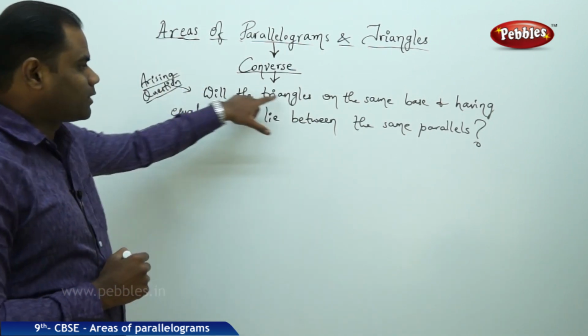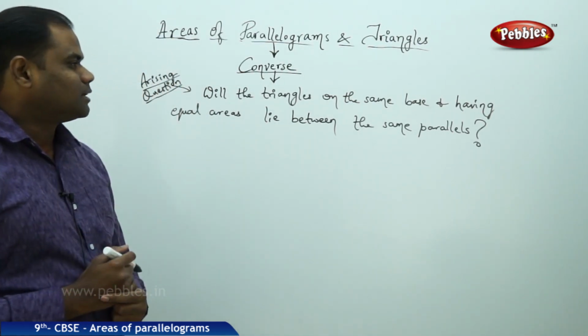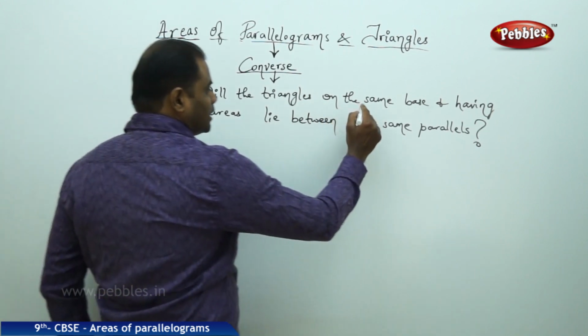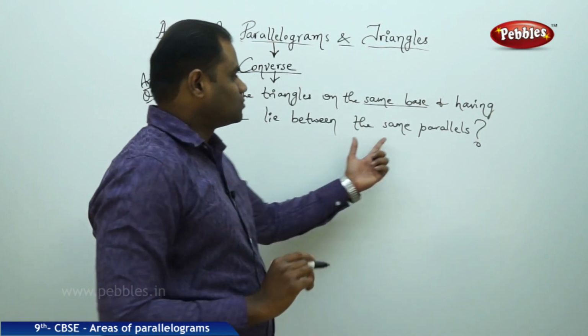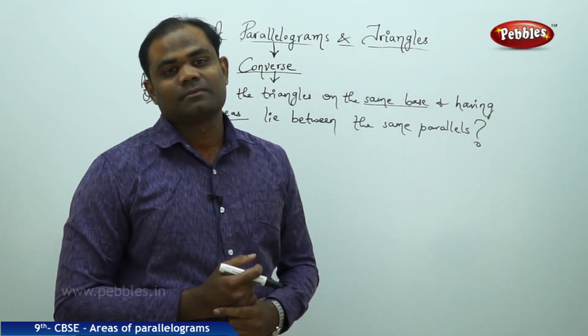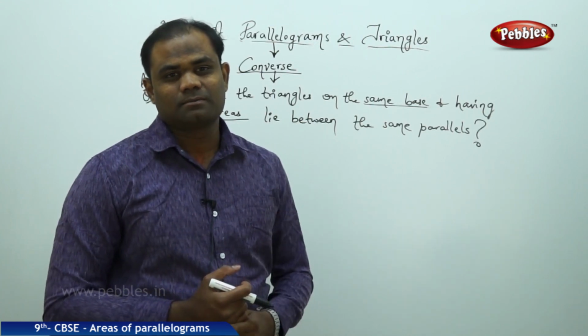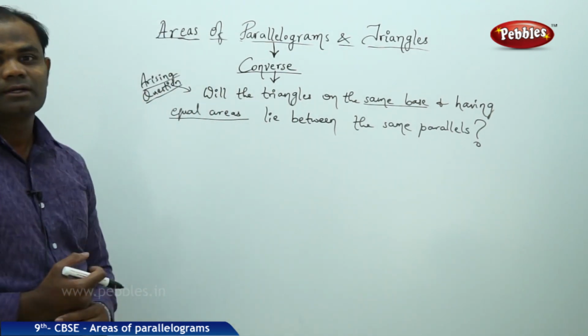So with the condition that they lie on the same base and they have equal areas, will the two triangles be between parallel lines? Let's see how we can understand this concept.